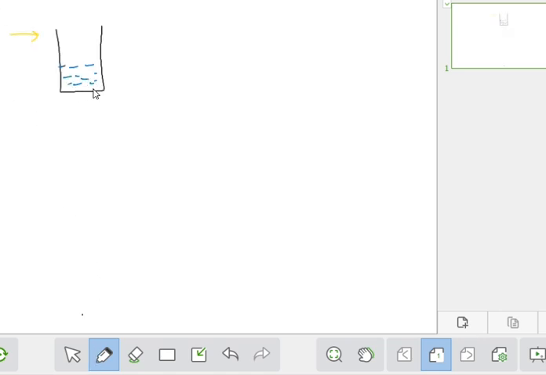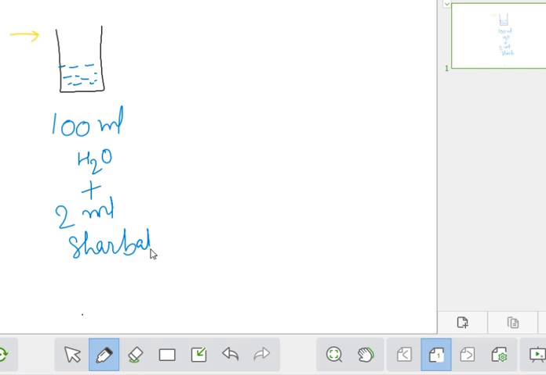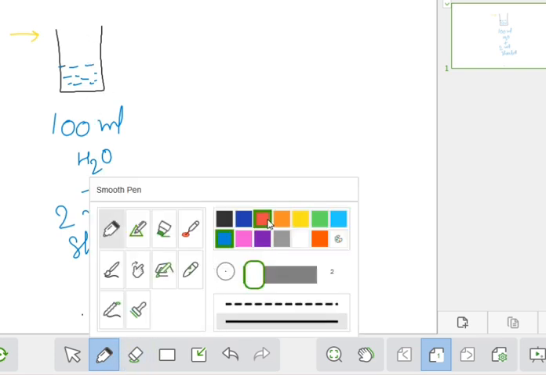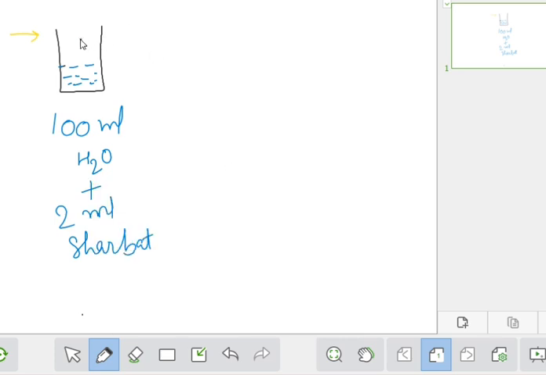In a glass we take 100 ml of water, and suppose we add 2 ml of sharbat in it, the red one. Now this solution, we also take another beaker.